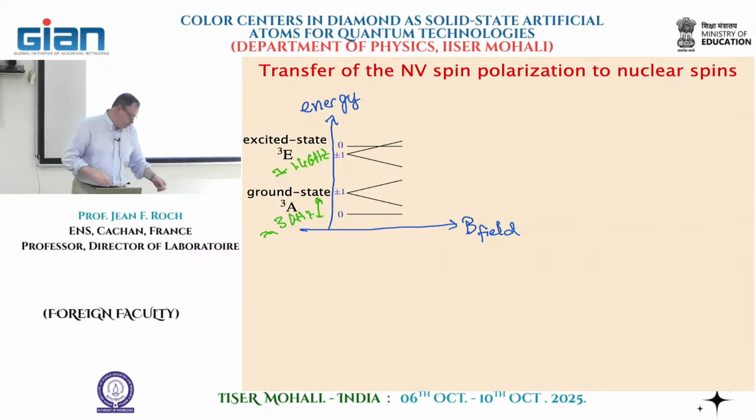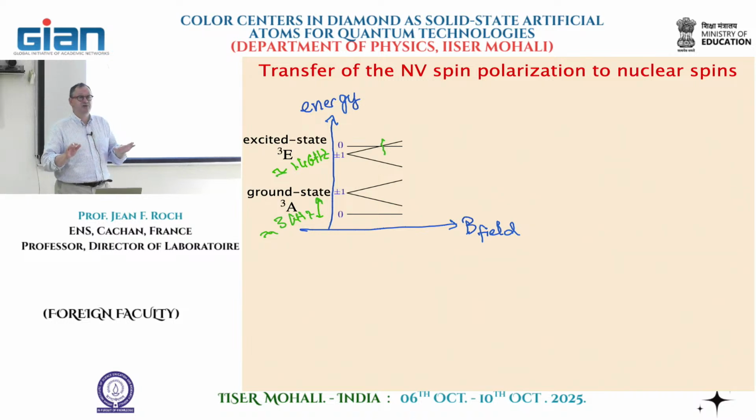For some reason, the MS equal plus minus 1 levels in the excited state are lower in energy than the MS equal 0 state, but that's not so important. And you can observe this line at 1.42. So what happens if I apply the magnetic field? I will have a crossing between MS equal plus minus 1 and MS equal 0.